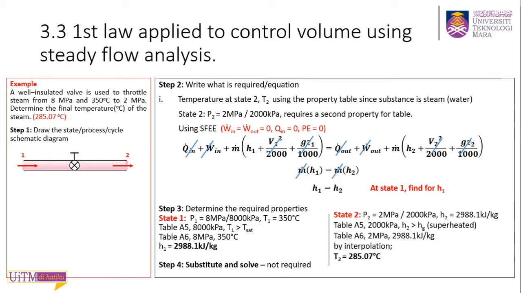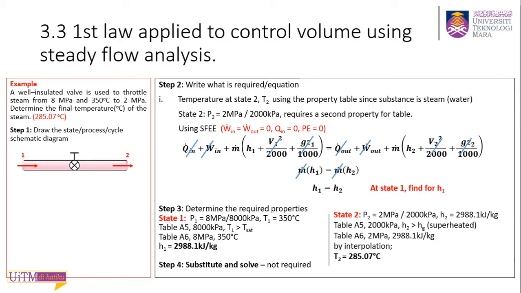And using this value for h1, at state 2, at a pressure of 2 megapascal or 2000 kilopascal, we will compare, using table A5, 2000 kilopascal, the value for enthalpy with the value for hg. So as you can see, the value for enthalpy at state 2 is greater than the value for hg. Therefore, the phase of the substance is in the superheated region.